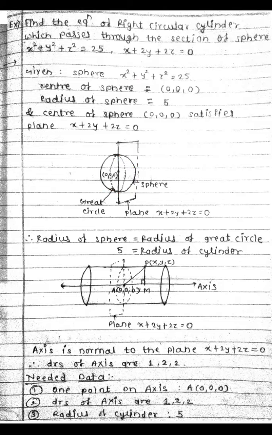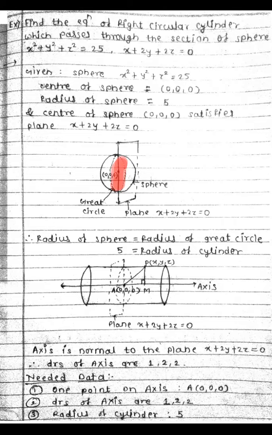Then I'm showing here with the help of dotted lines, it is a circle, and its center is exactly equal to the center of the sphere, because this plane cuts the sphere at the center.